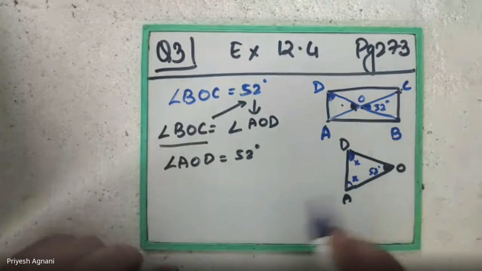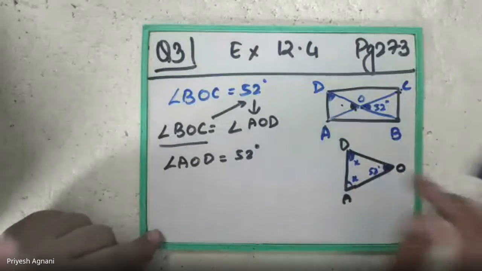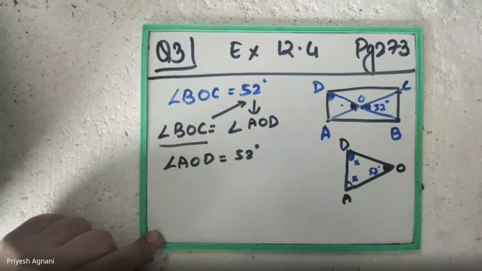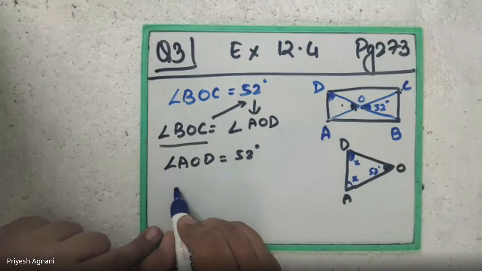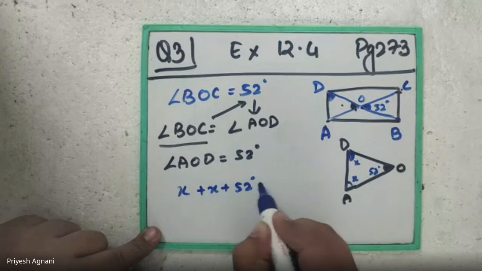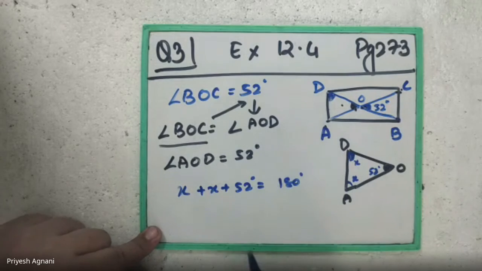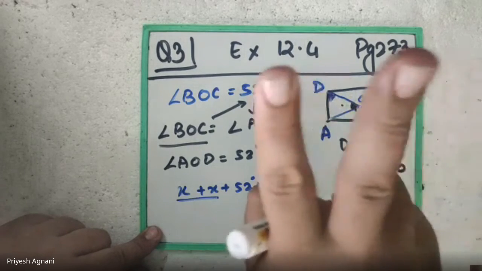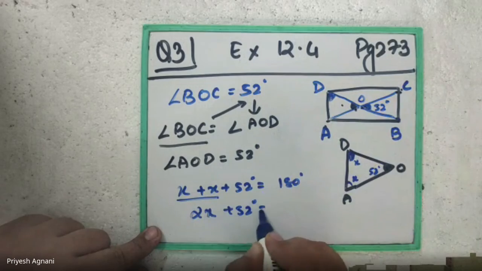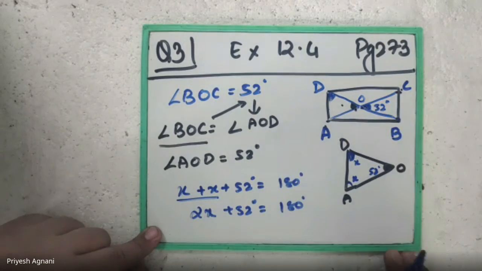So we know that the sum of all the angles of a triangle is 180 degree. So we write down over here x plus x plus 52 is equal to 180 degree. x plus x हो गया 2x plus 52 degree is equal to 180 degree.